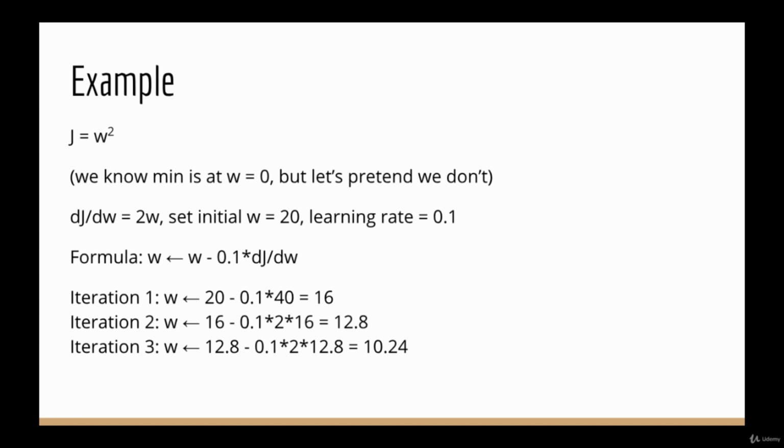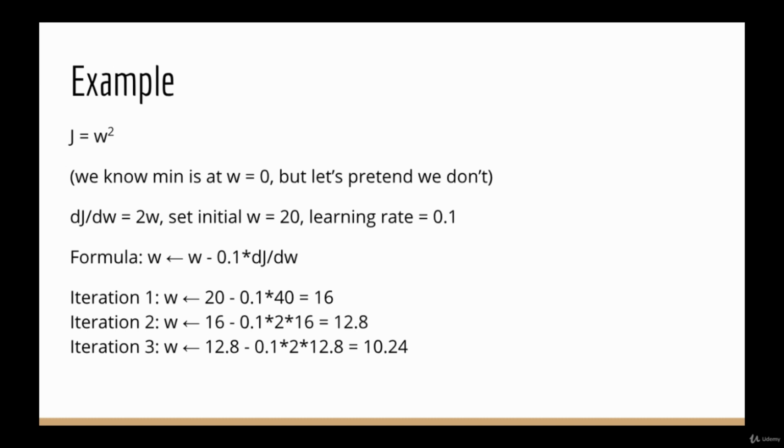So on our first iteration, we get w minus learning rate times the derivative, so that's 20 minus 0.1 times 40. That's 16. So we set w equal to 16. On the next iteration, we get 16 minus 0.1 times 2 times 16. That gives us w equals 12.8.